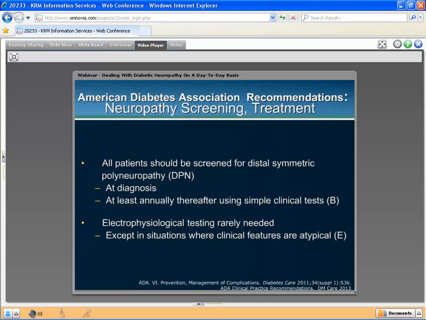All patients should be screened for distal symmetric polyneuropathy, DPN, at diagnosis, and then at least annually thereafter using simple clinical tests. And in parentheses it says B, which tells us that there is B level of evidence. There's quite a bit of data to tell us that should be done, and there's research to support it.